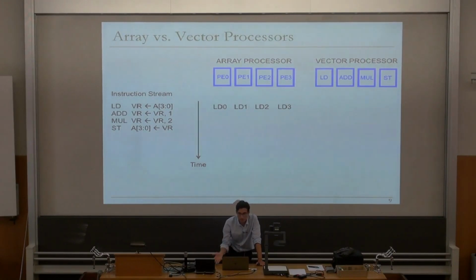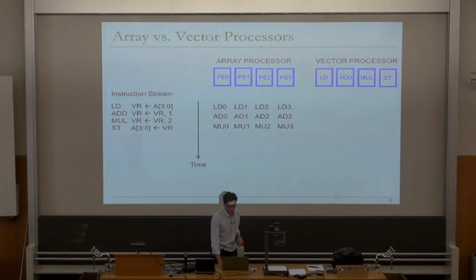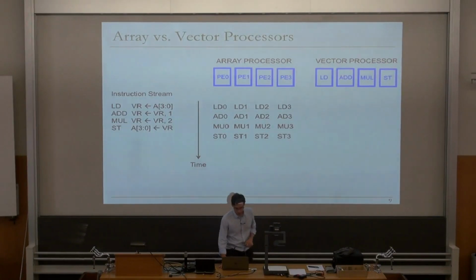Each of the processing elements takes care of loading one of the 4 elements. As soon as we load from memory into the vector register, we can execute the addition operation. And that's what we have in the second cycle. In the third cycle, the processing elements will execute the multiply operation, and in the fourth cycle, they will execute the store operation. This is how the array processor will execute these 4 instructions.